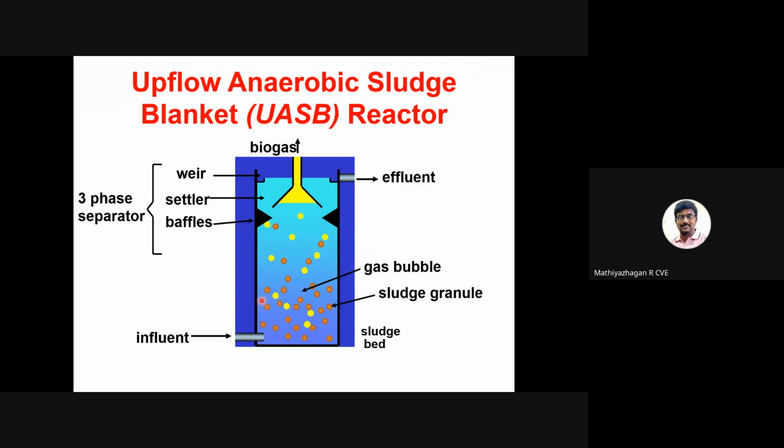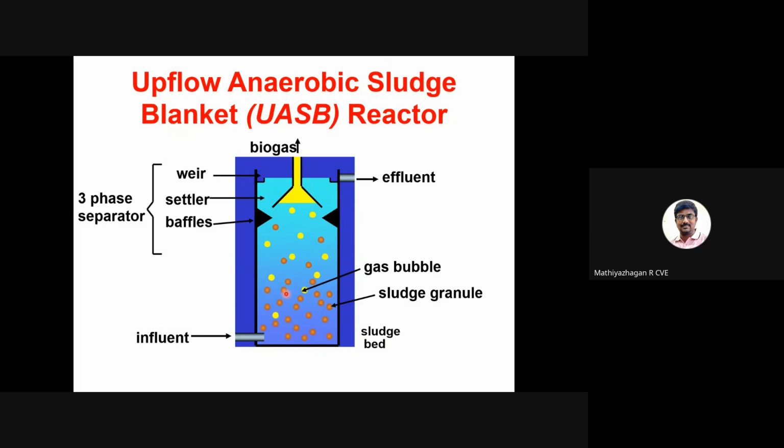Here, around the bottom 25% of the capacity is occupied by the sludge bed. Once the inlet sewage enters the sludge bed, all the organic matter is arrested here, and anaerobic decomposition happens here. Because of the anaerobic decomposition, carbon dioxide, methane, and other gases like hydrogen sulfide are produced.